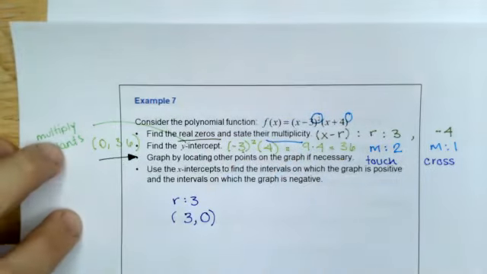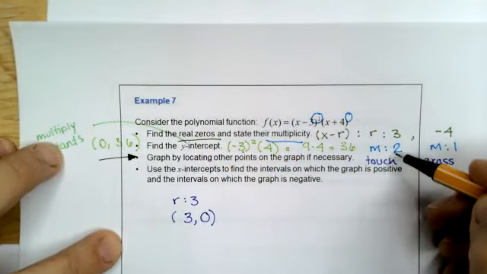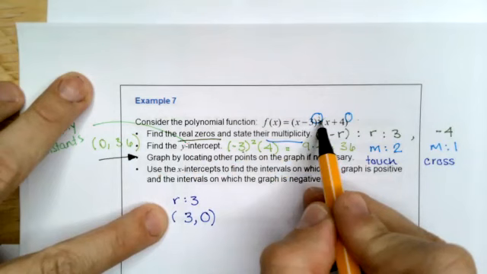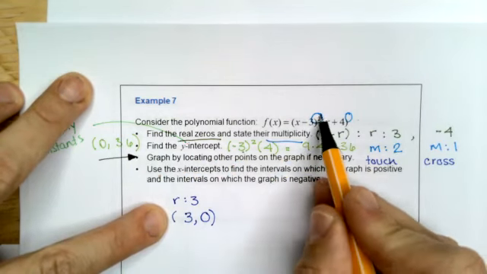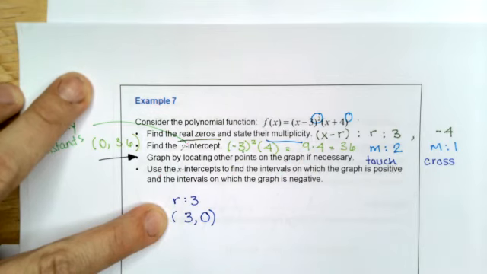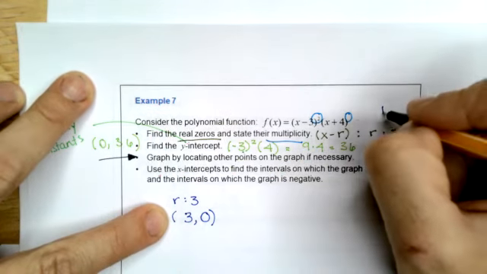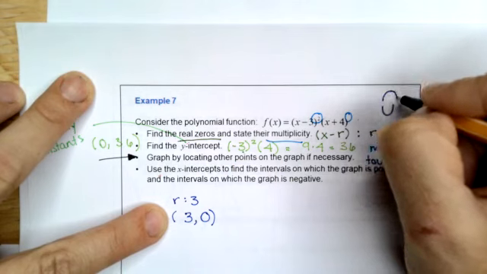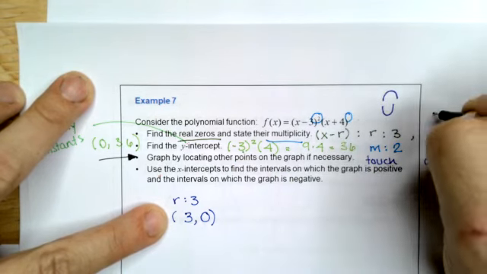or pass through. Okay, so because the factor is squared, it's only going to touch the x-axis and come back. So it's either going to go down and come up or up and come down, whereas cross means it's going to go through.